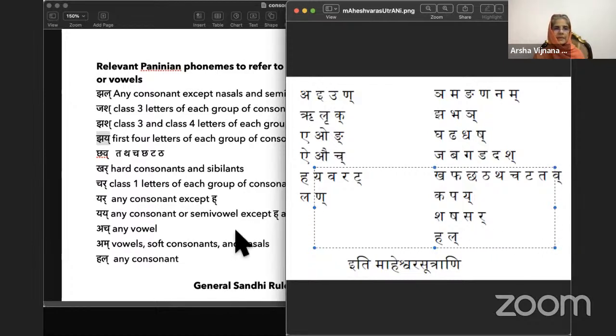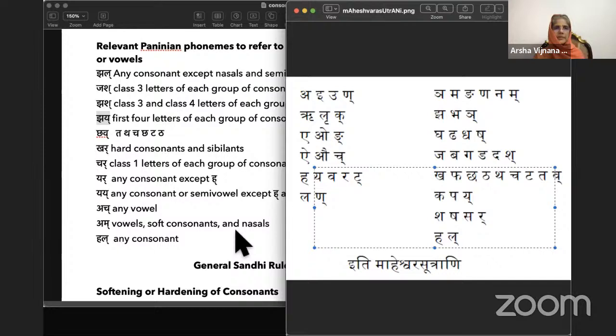And then we have another one which we will be using in this class in connection with consonant sandhis. Yai. So from this 'ya' to that 'ya' here, yai. In the sutra, anuswarasya yai parasavarnaha.